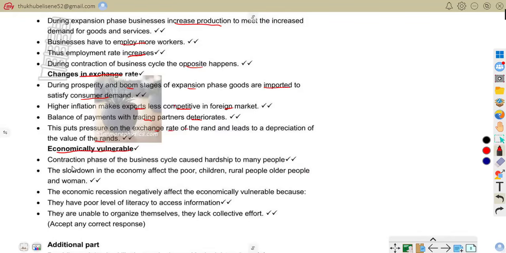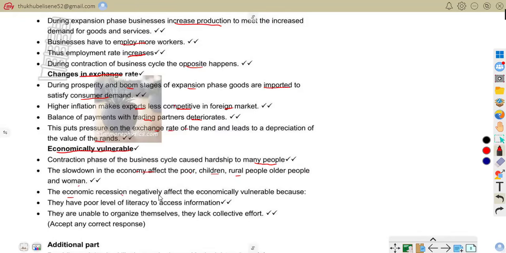Let us move on to the economically vulnerable. The contraction phase of the business cycle causes hardship to many people. Job losses and lower income hit many people. The slowdown affects poor children, rural people, older people, and women, who have fewer financial resources.